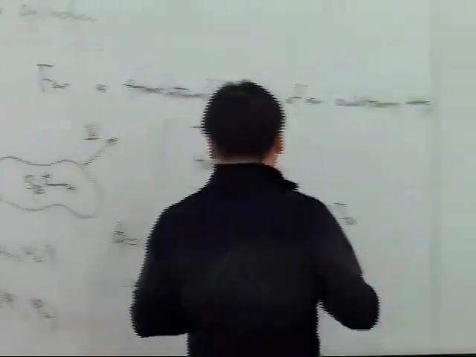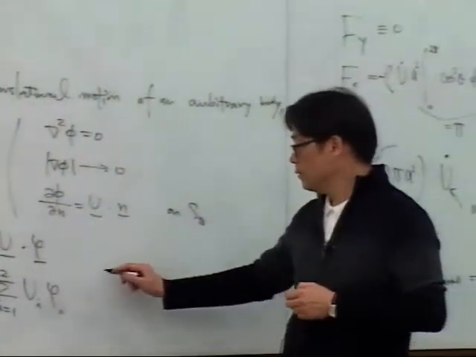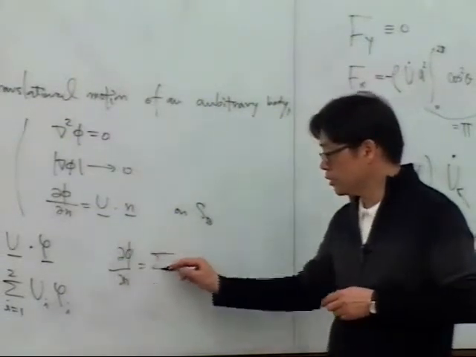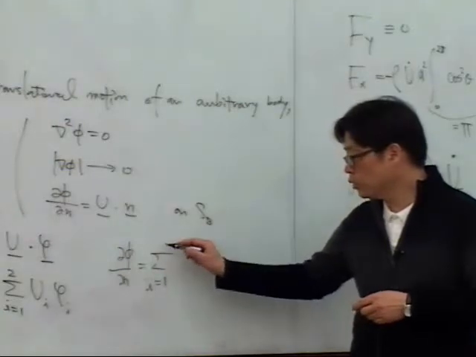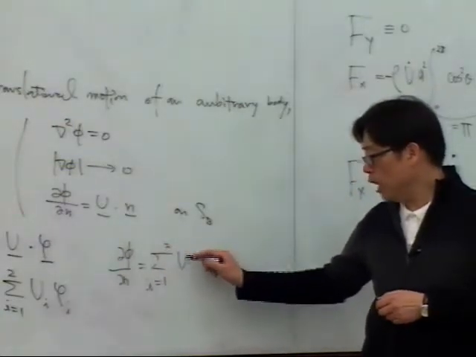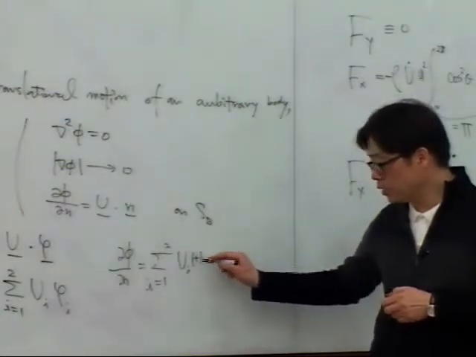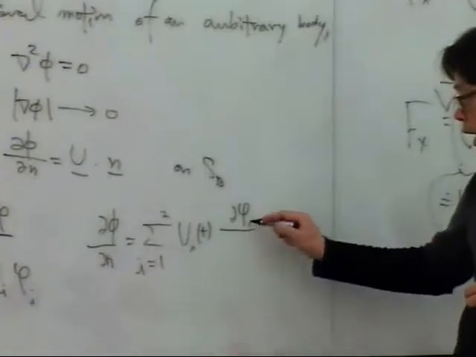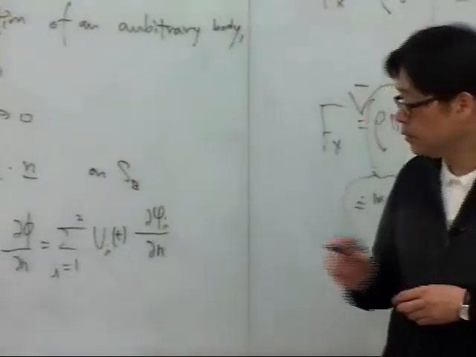And then dφ/dn is nothing but the summation, i equal to 1 to 2, of u_i, which depends on time only, and then I have dφ_i/dn.